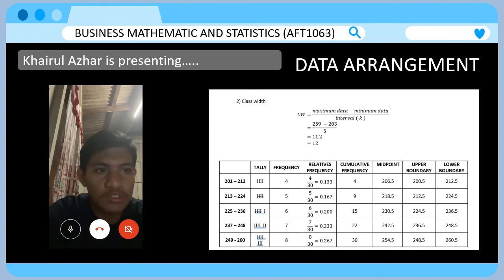In the third box we put the frequency, in number form. In the fourth column we put the relative frequency, where the formula is frequency divided by total data. In the fifth column, we put the cumulative frequency, and next midpoint, upper boundary and lower boundary. So that's all from me.